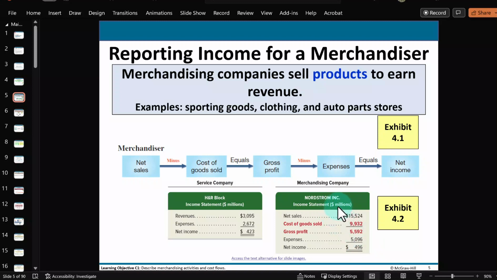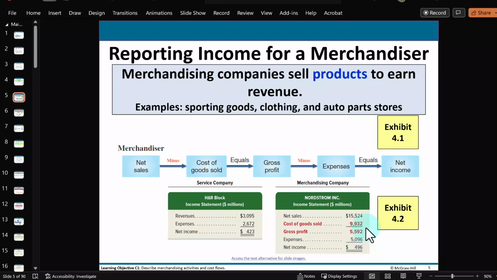So basically, Nordstrom purchased something like almost $10 billion worth of merchandise and resold it to their customers for $15.5 billion, resulting in a profit of $5.6 billion. Okay, that's the profit they made from buying and reselling. But then again, we also have to subtract out all the other expenses Nordstrom incurred for the period, again, like rent expense or salary expense, to get their bottom line.